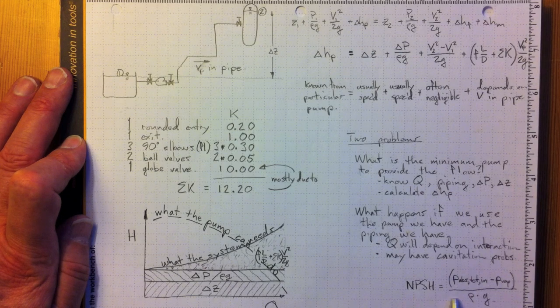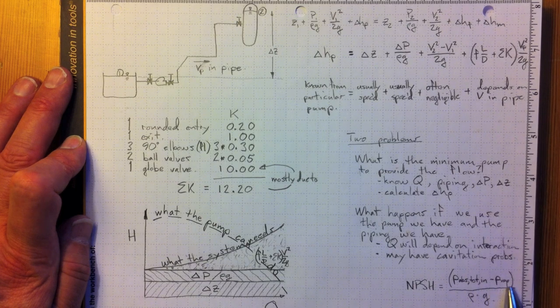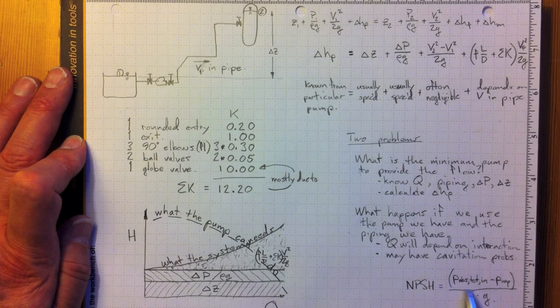So what will be specified for each pump is the net positive suction head required, the NPSH. And the NPSH required is how far above the vapor pressure you have to be in terms of the pressure at the inlet, divided by rho g, so that you can express it in height units.